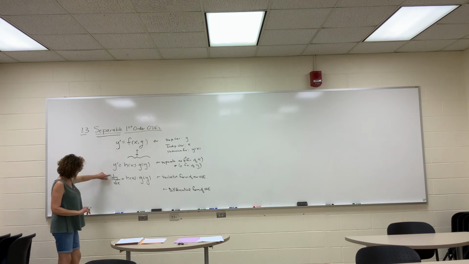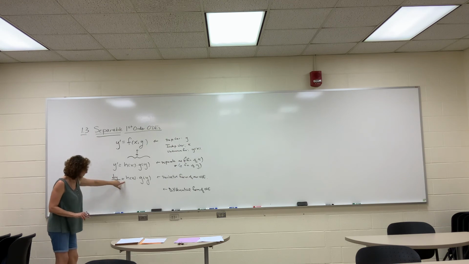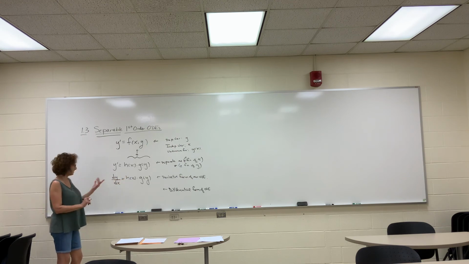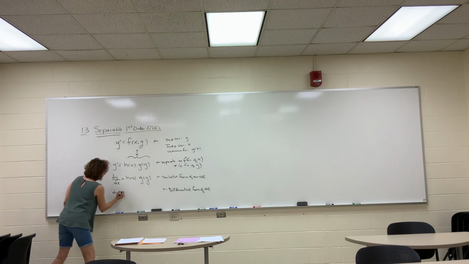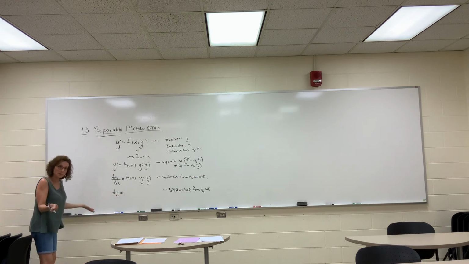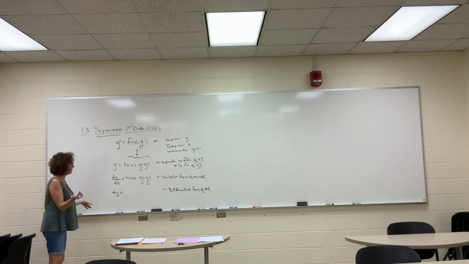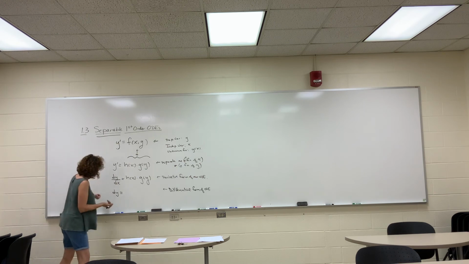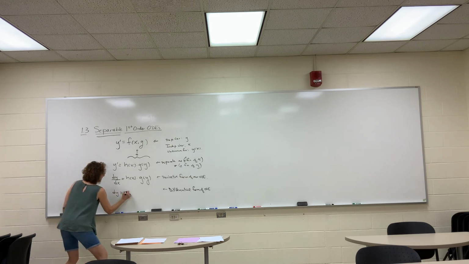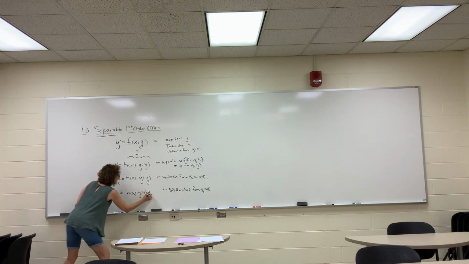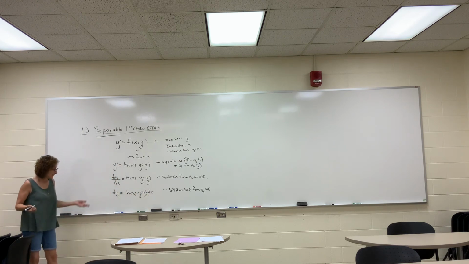So this guy says the rate of change of y with respect to x is equal to the product of these two functions, h of x times g of y. But we also could look at like how a small change in y is related to a small change in x, right? That's our differential form, right? So tell me, what is the differential form of this equation? Good. dy is h of x times g of y dx, right? That's the differential form.